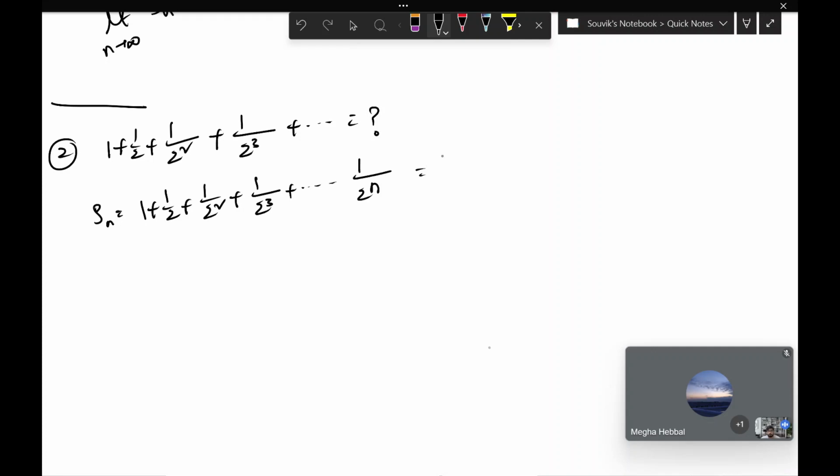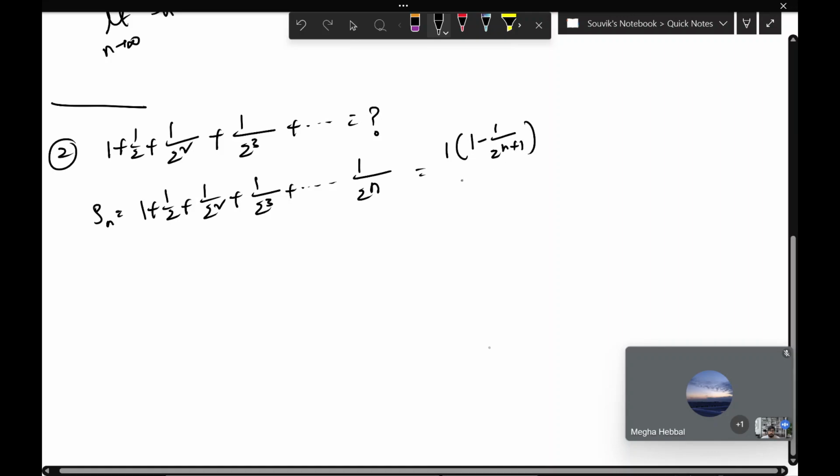We already have a formula: the first term times 1 minus 2 to the power n plus 1 by 1 minus half.